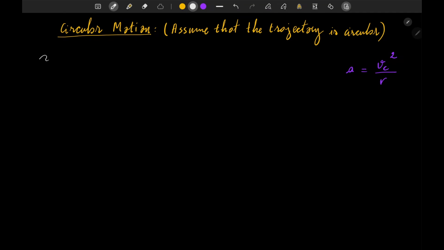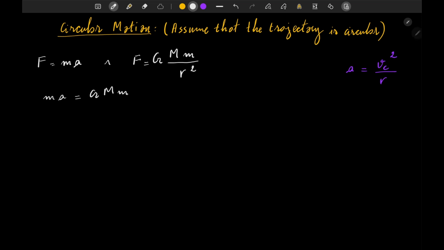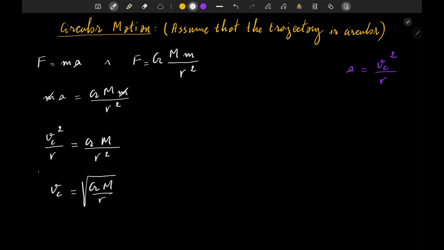We will also assume that the force of gravity exerted by the Earth on the Sun is insignificant because the Sun is very massive. In the end, we get that the speed of the Earth equals the square root of GM over r.